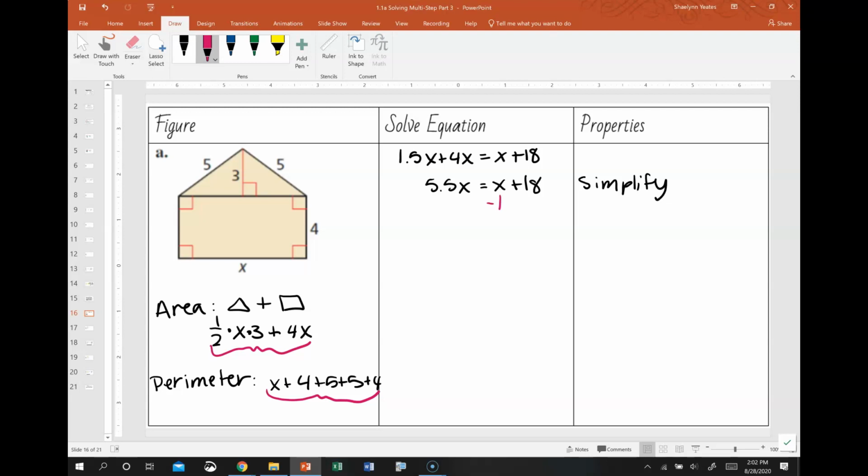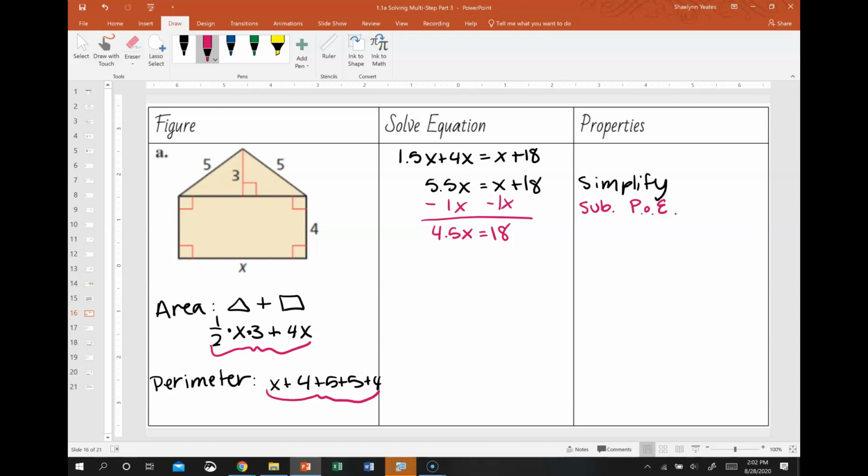Then if we subtract my 1x from both sides, I get 4.5x equals 18. This is the first time I'm actually going to need the calculator, so I'm going to start opening that now. And this was my subtraction property of equality.